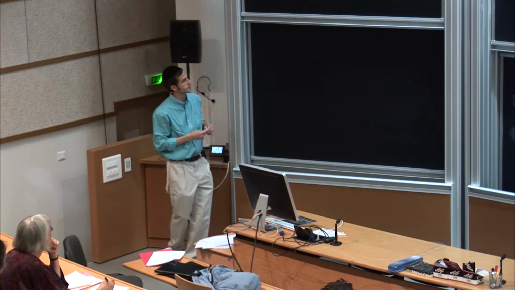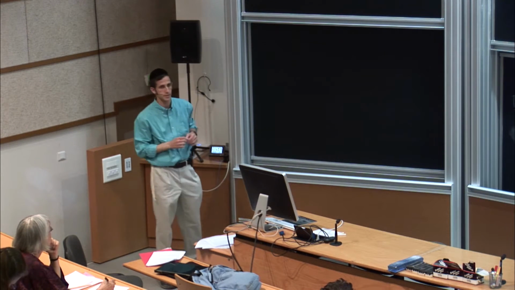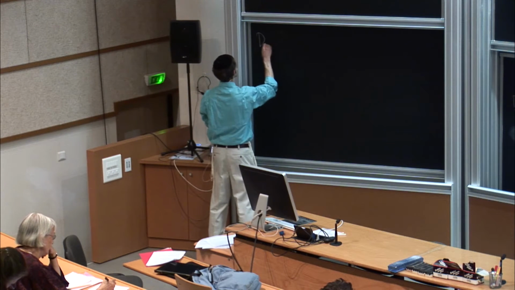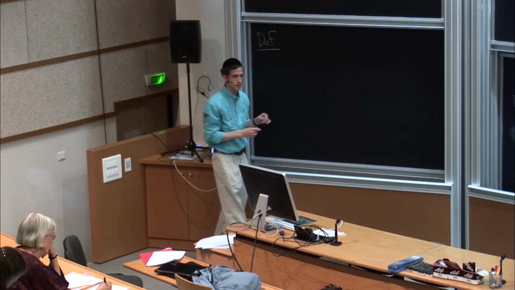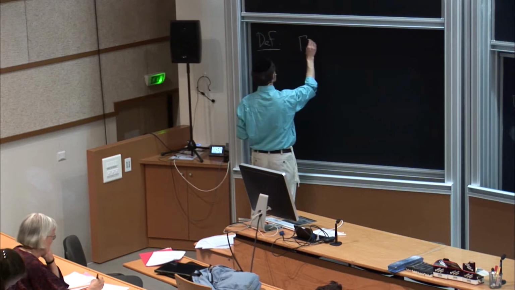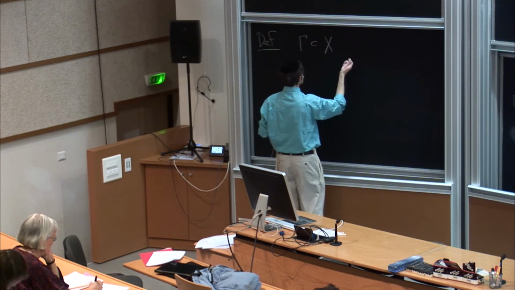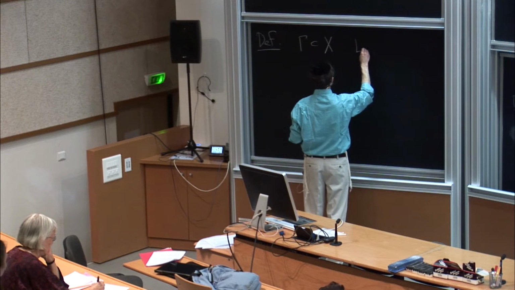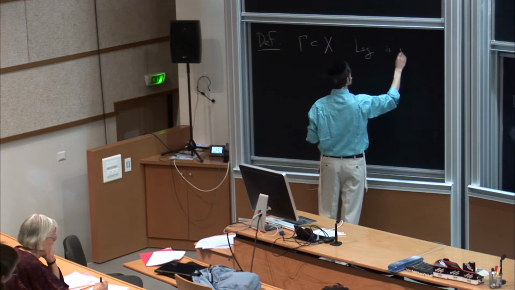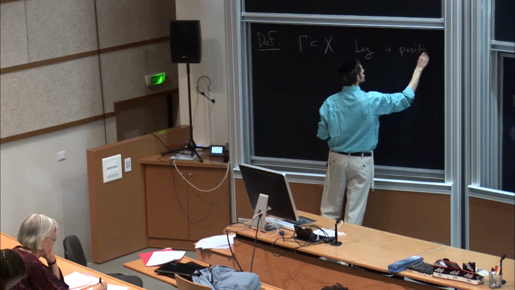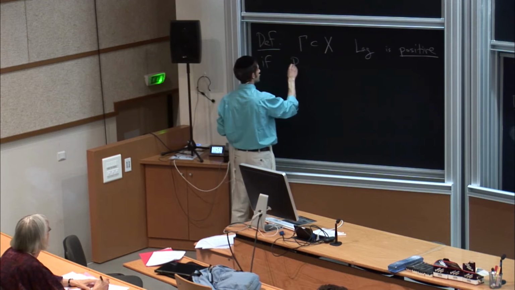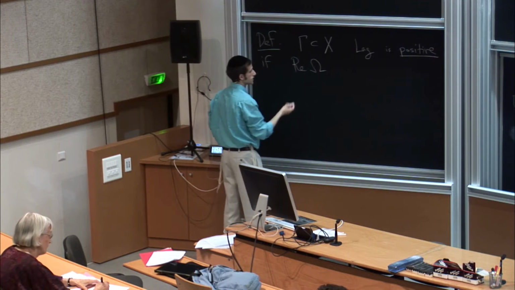There's a way of studying this question using a notion of positive Lagrangian, or almost calibrated Lagrangian. If it's Lagrangian, gamma is called positive if we take the real part.